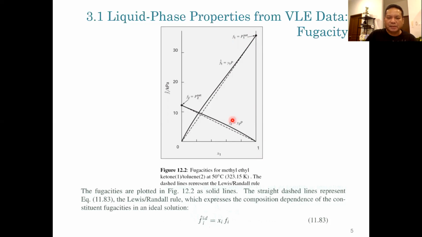And this is for species 2. You can see that this line is very close to this dashed line. If you still remember, this dashed line is the Lewis-Randall rule line. The closer it is, the closer it follows the ideal solution.